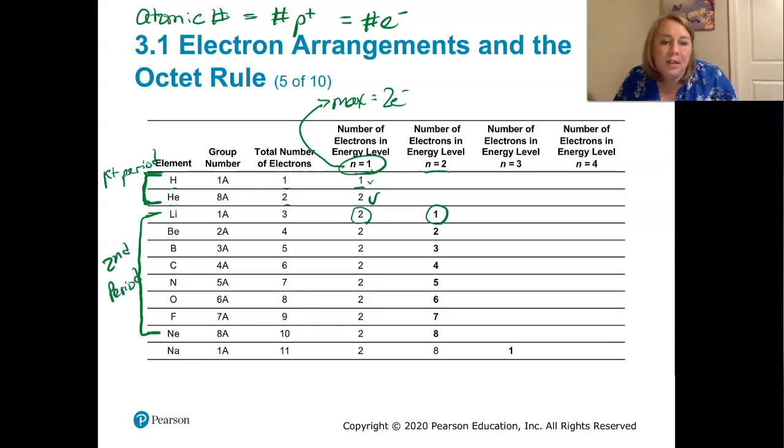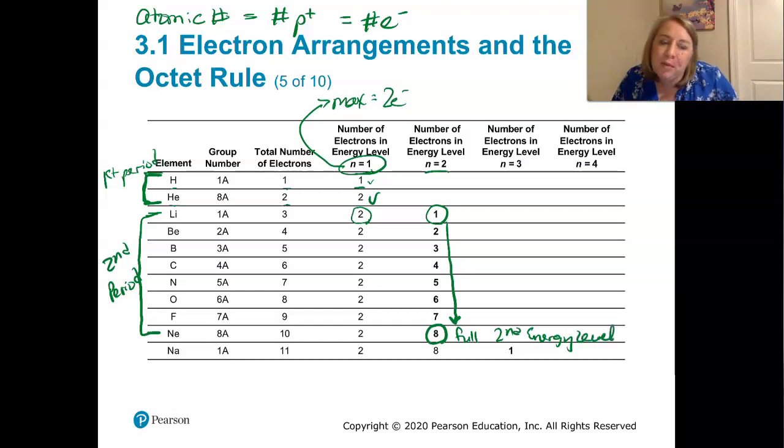So what do you think is going to happen? In that second period, guess what energy level we're putting electrons in? We're putting electrons into that second energy level until we're full.